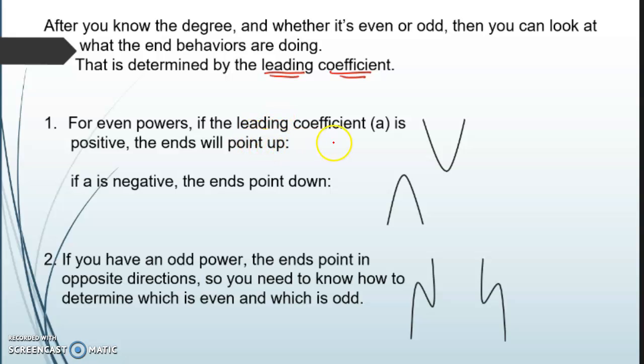For even powers, if the leading coefficient is positive, they will point up. If it's negative, the ends point down. If you have an odd power, the ends point in opposite directions, so you need to know how to determine which is which.